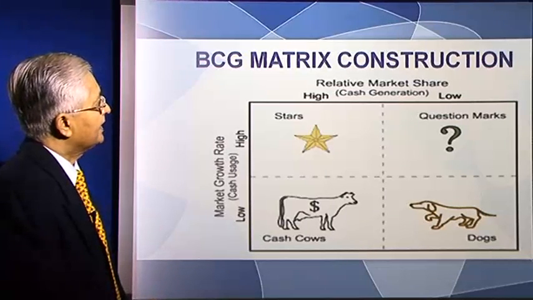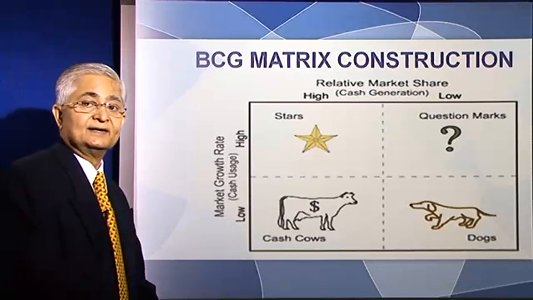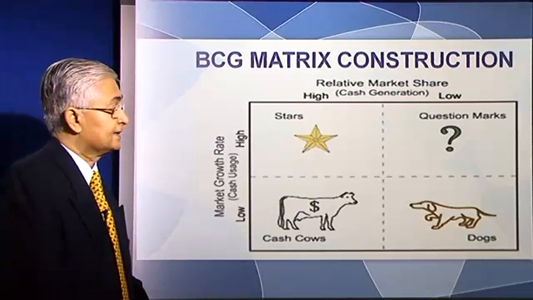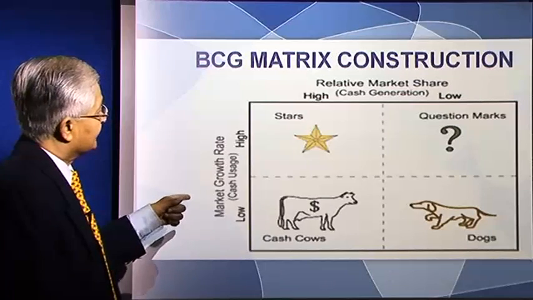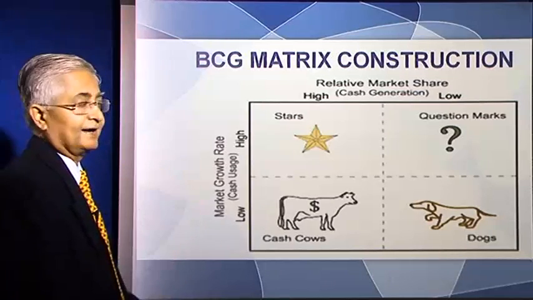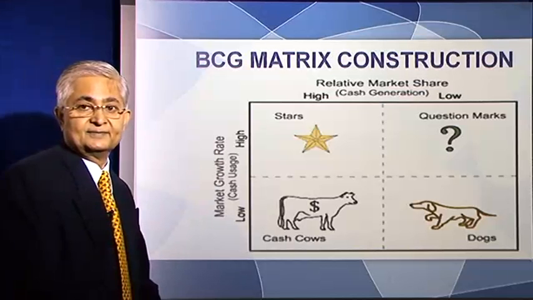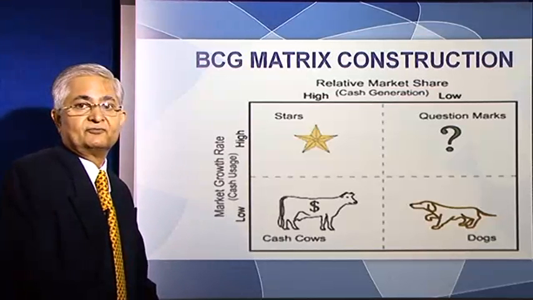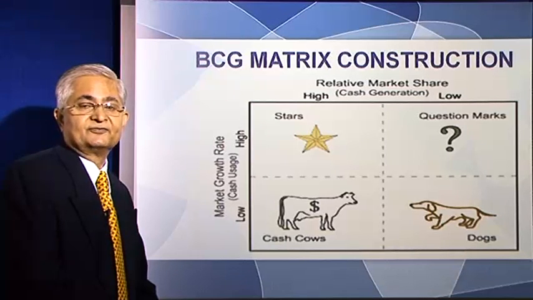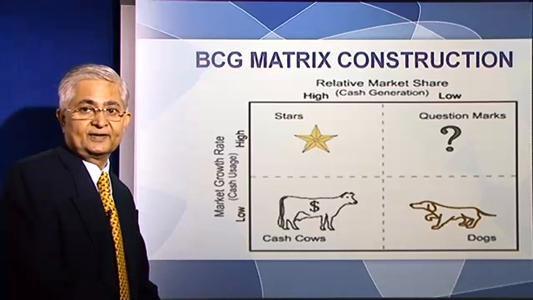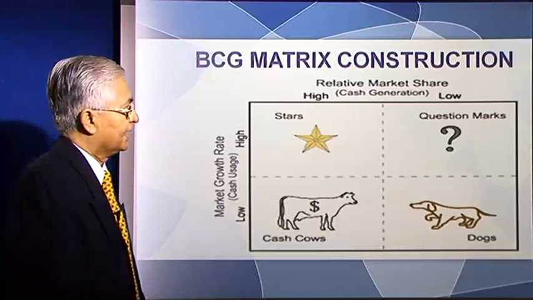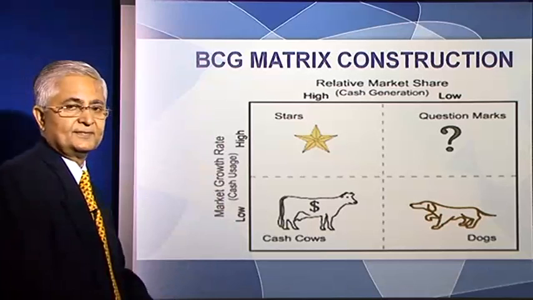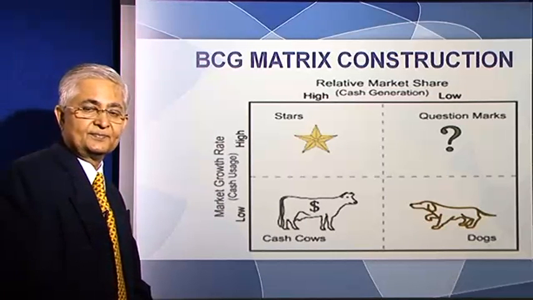Now look at a product like the consumer products. Consumer products, the market growth rate is high, very high. In India today, the consumer products, for instance, products for different kinds of food items, right, are booming. However, ITC has a low market share for these products.